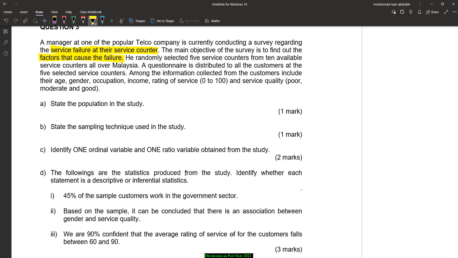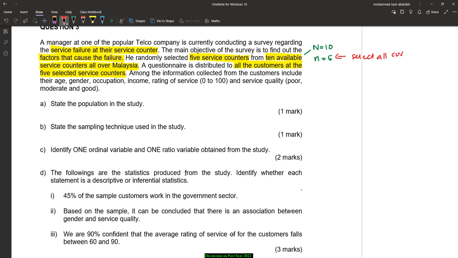He randomly selects 5 service counters from 10 available service counters all over Malaysia. So we can put notes here: capital N equal to 10, you select n equal to 5. A questionnaire is distributed to all customers at the 5 selected counters.